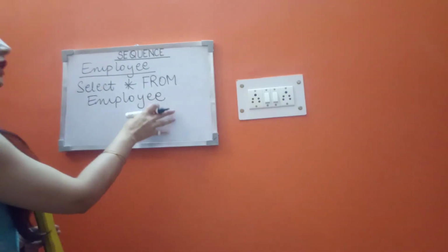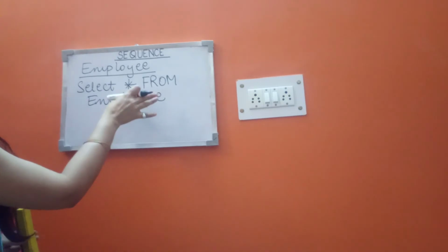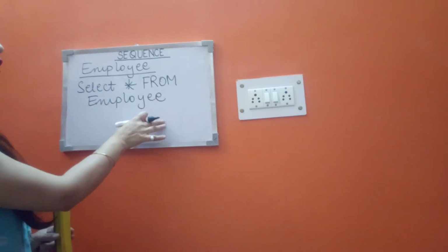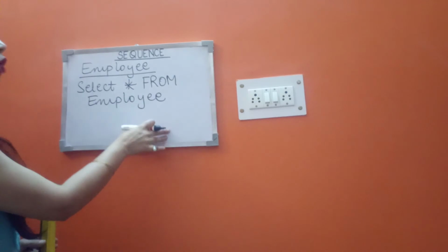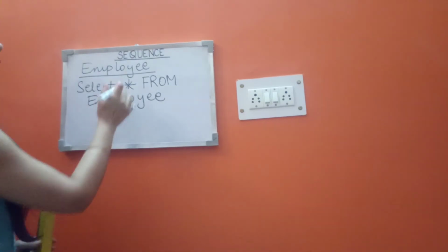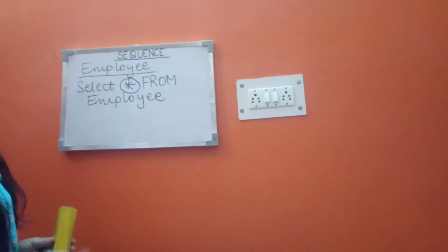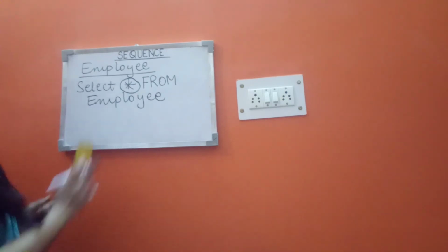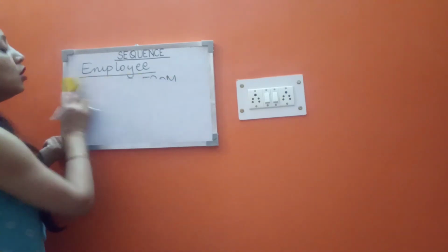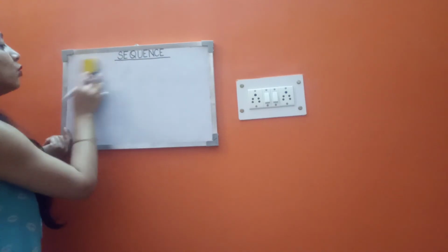It will give me a table containing all the columns, or all the records, of the employee table. Because I have used star here, all the columns of the employee table will be shown. So what would be the result of this query?